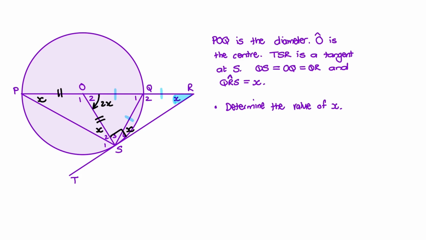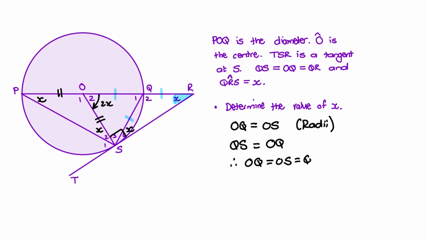But what we also know is that the line OQ is equal to the line OS, because they both are radii. So we have OQ is equal to OS radii, but we also have QS equal to OQ. Therefore, all three sides of that triangle are equal.